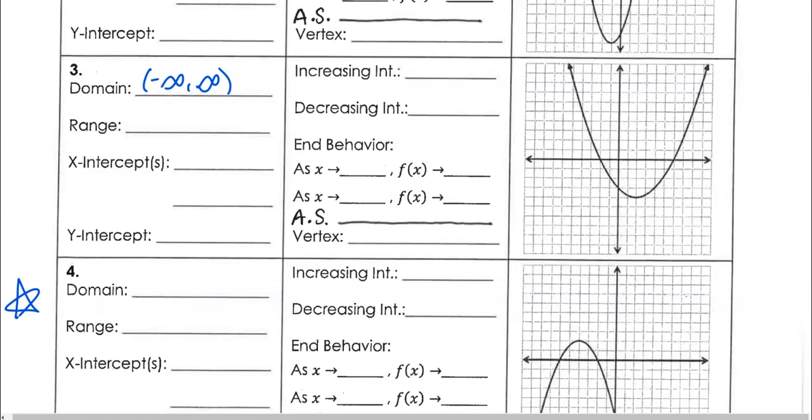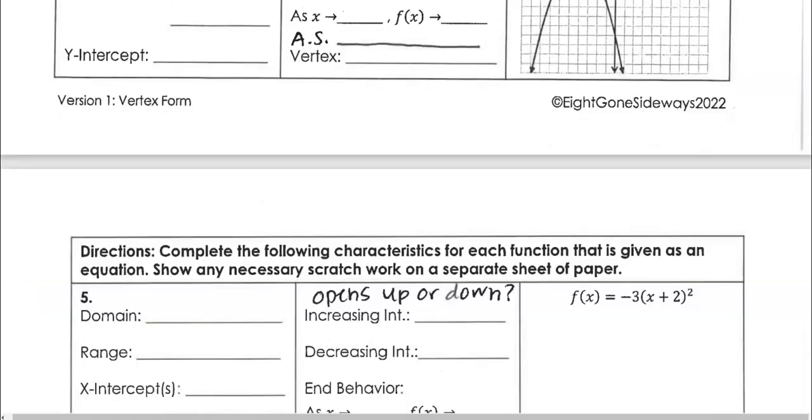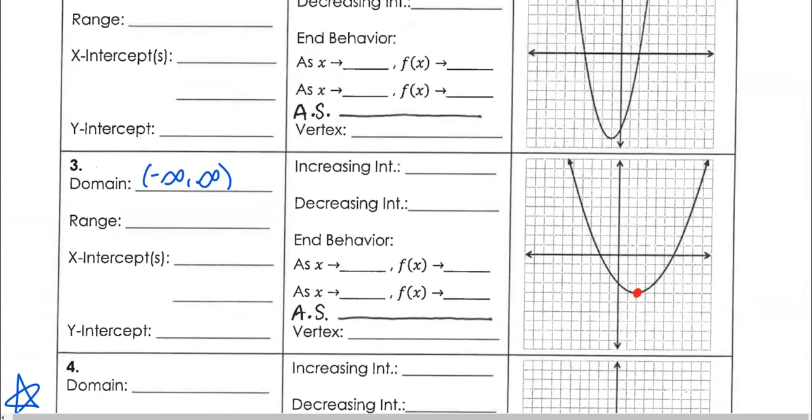Okay. So the vertex is down here. What is that point? Looks like it has an x of 2, right? And a y of 1, 2, 3, negative 4. This is the point 2, negative 4. This is our vertex.